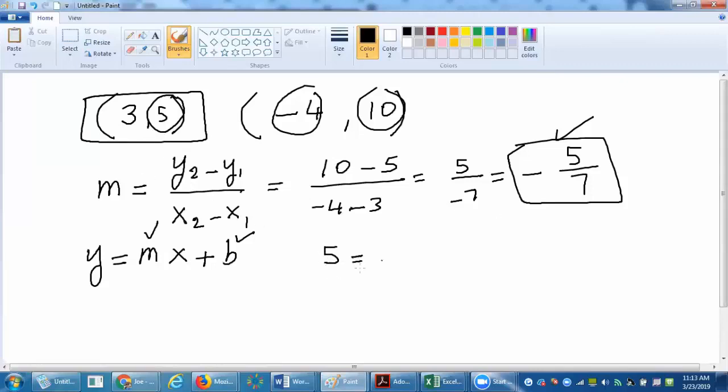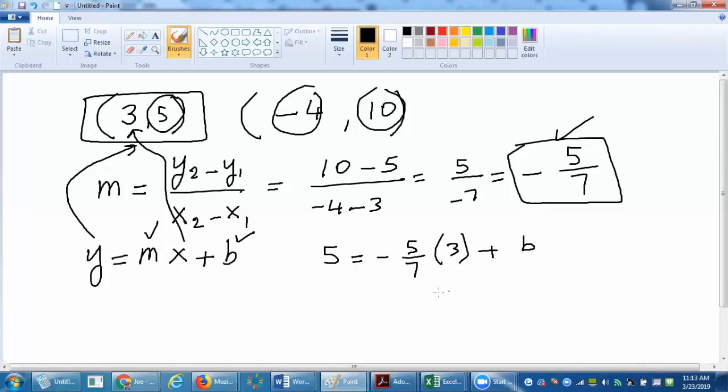We know the slope is -5 over 7. x is 3. Again, we are substituting y is 5, x is 3, and the slope we found to be -5 over 7. So the only variable is b.